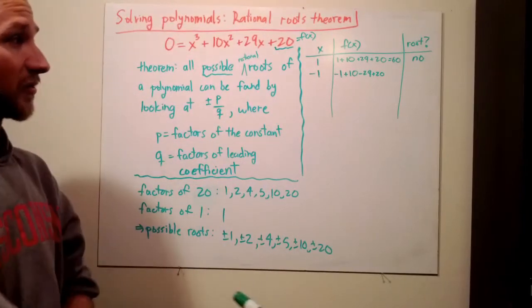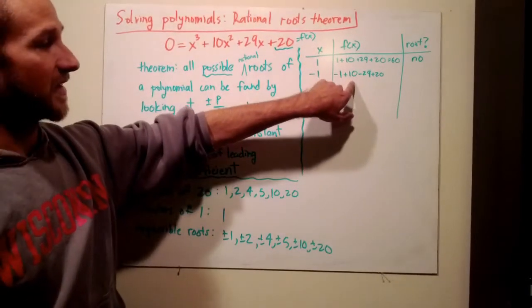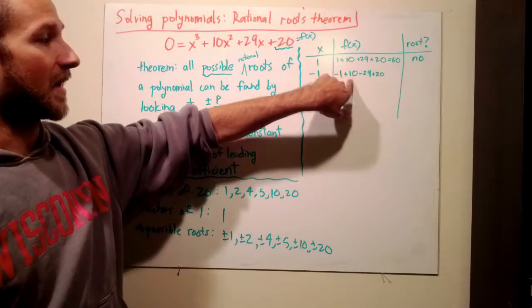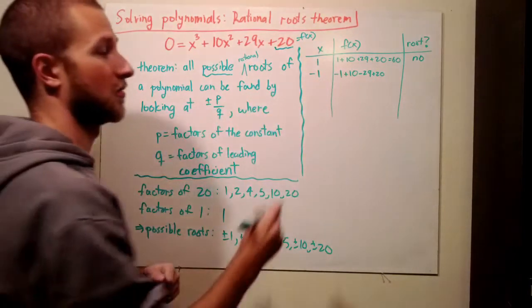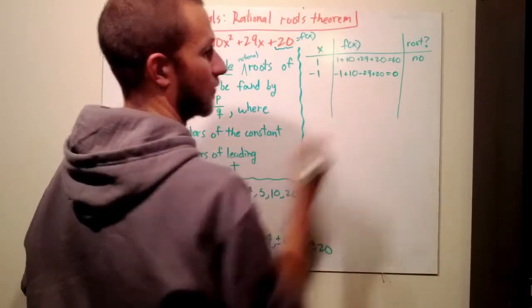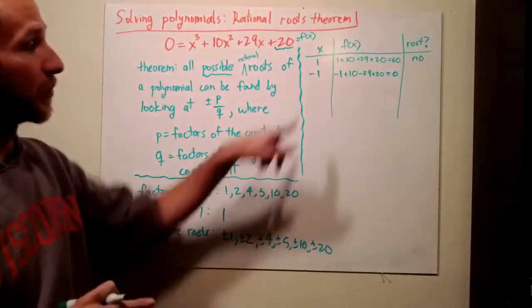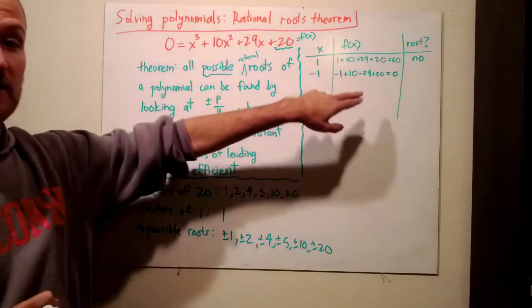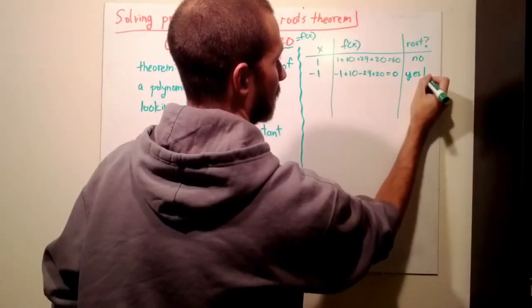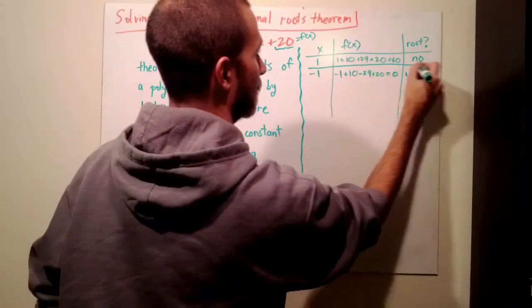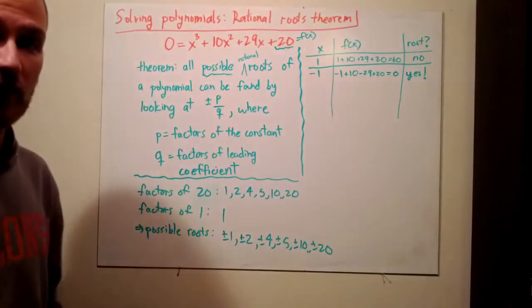Now I've got some numbers to crunch here. Negative 1 plus 10 is 9. 9 minus 29 is negative 20. And negative 20 plus 20 is 0. Okay, so that tells me when I plug negative 1 in here, I actually do get 0 out. So yes, negative 1 does turn out to be a root.